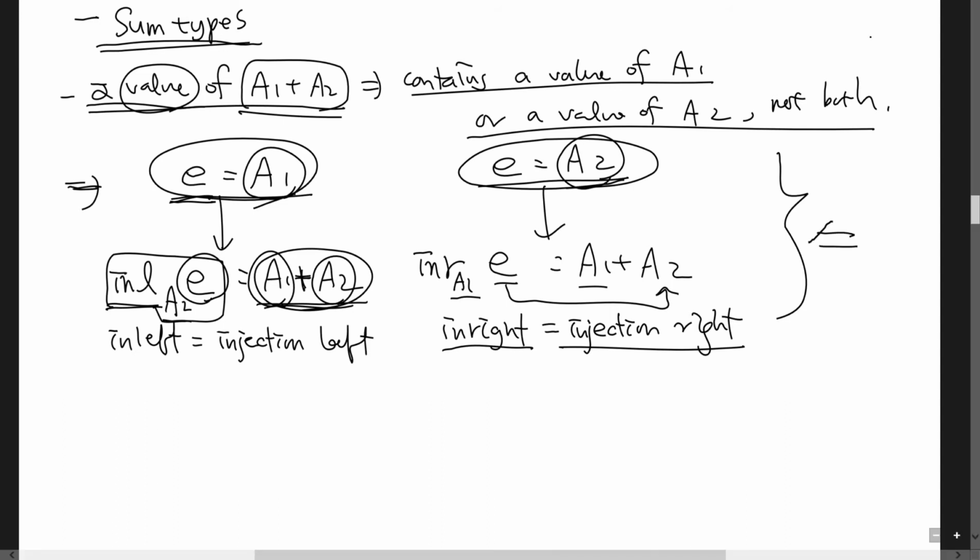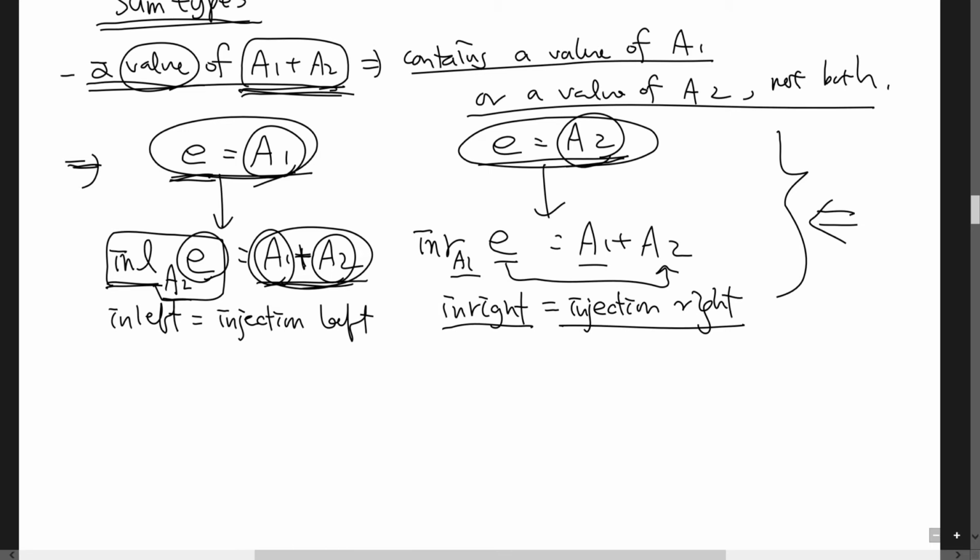So now we can create an expression of sum type. Now, how do we extract the value from an expression of type A1 plus A2? Suppose that we have an expression E of type A1 plus A2.